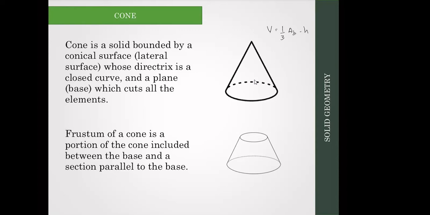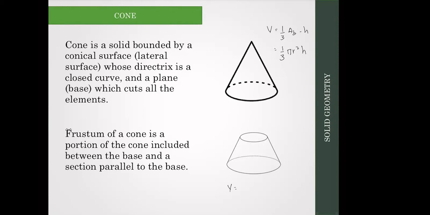Okay? So depende kung anong size, kung anong shape yung ating base. So for this one, circular din siya. So this will be 1/3 pi r squared h. Okay? Para sa cone.